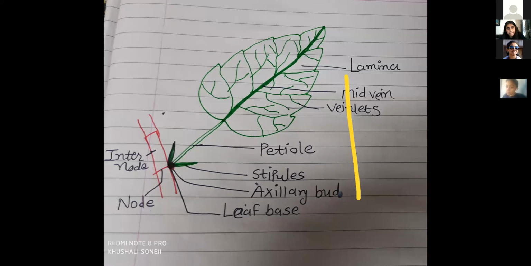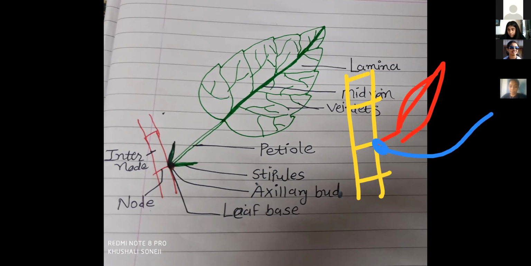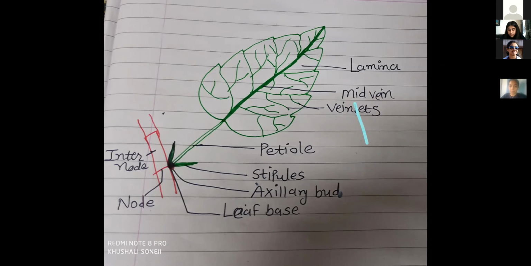If you remember, last time we discussed in the stem part, nodes are there on the stem. At nodes, leaves arise, and at the axil of it, the bud is formed that we call axillary bud. This axillary bud helps in formation of a new branch on the stem. In some cases, modifications also occur, like tendril formation, thorn formation, right?